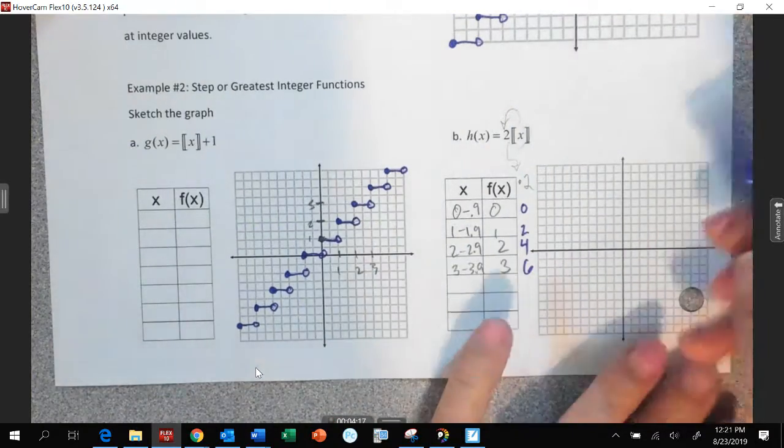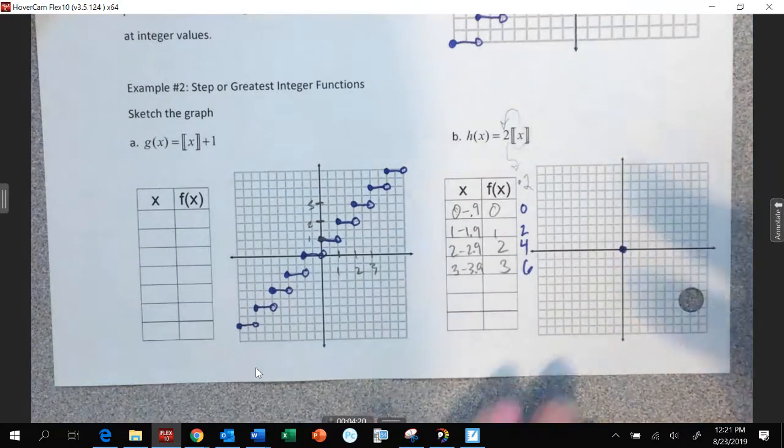And this graph would go, I'm going to re-copy it.